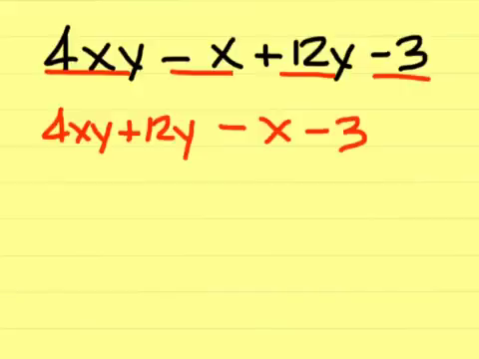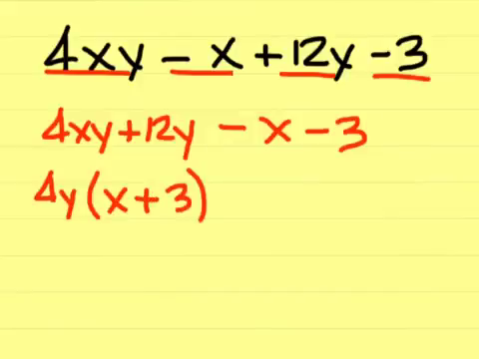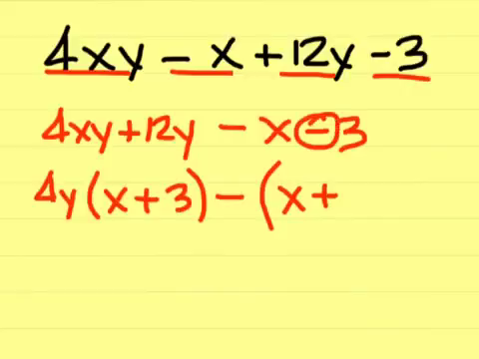Just regroup them. On the first part, you can take out a 4y and be left with an x and then a 3. Now back here, you have the minus, which means you have to change the sign inside. It becomes plus.